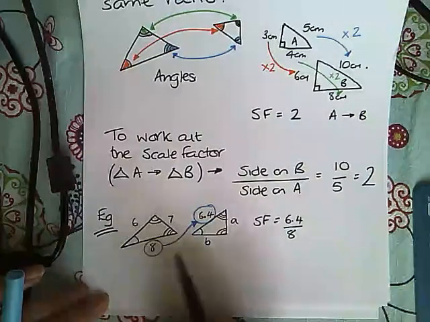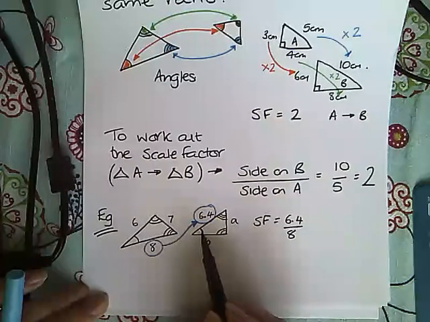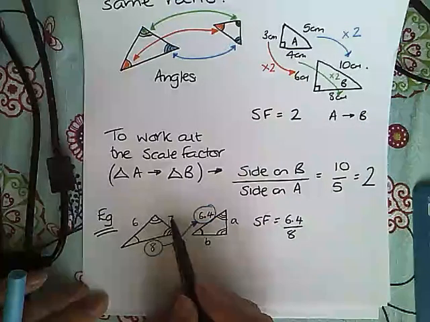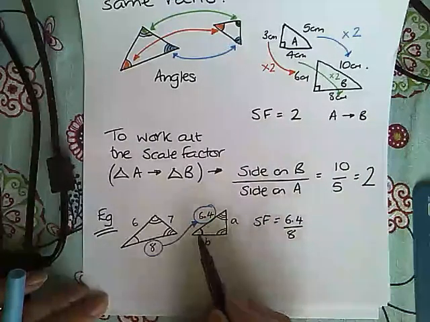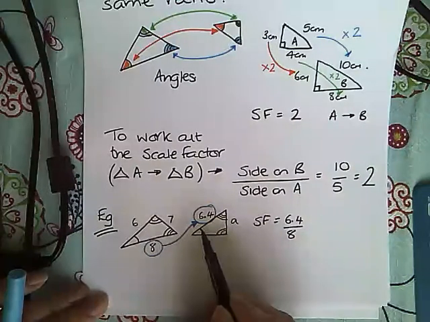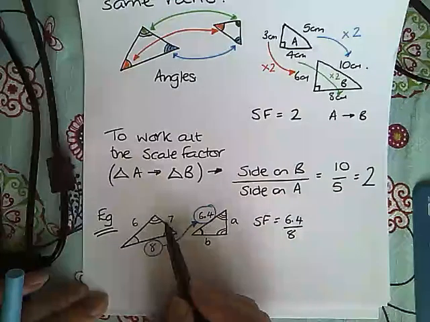Now I need to think about this angle here marked with one line, and it corresponds to this angle here. So the side which I'm going to use to find A is opposite the single marked angle, and 7 is opposite the single marked angle.